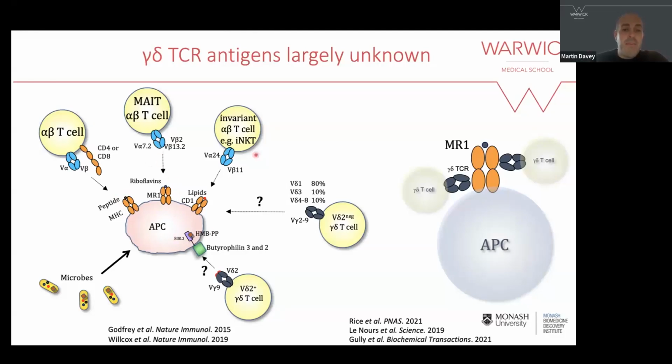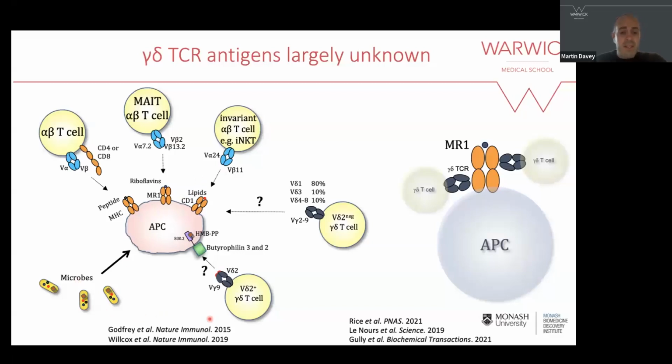On the other hand, there are populations of innate receptors and cell types that express alpha betas and use constrained receptor pairings, such as MAIT cells, which recognize riboflavins in the context of MR1, and iNKT cells. Again, they use a very restricted chain pairing to recognize CD1 molecules and lipids.